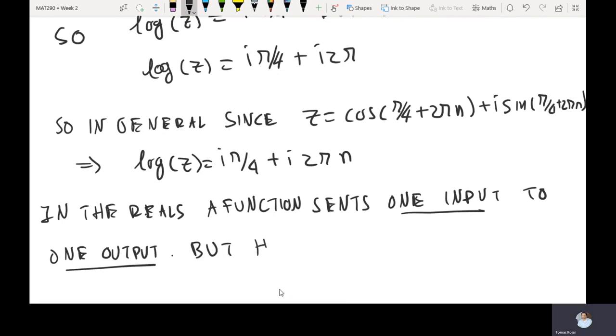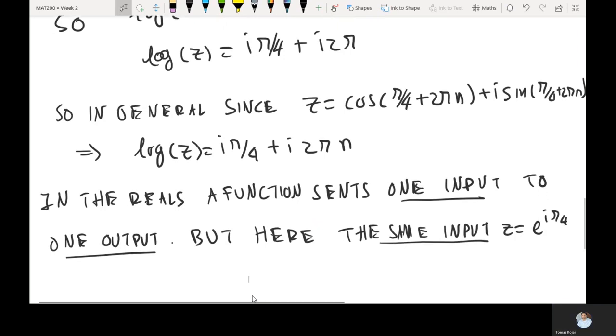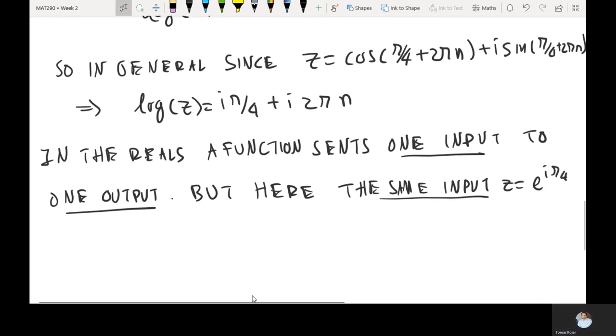But here, the same input z gets sent to multiple outputs.